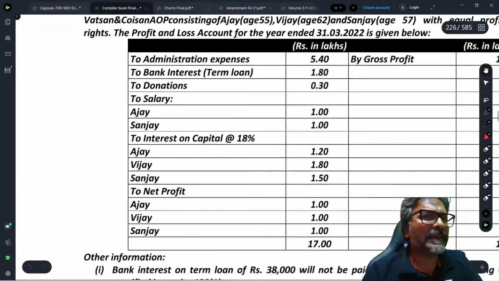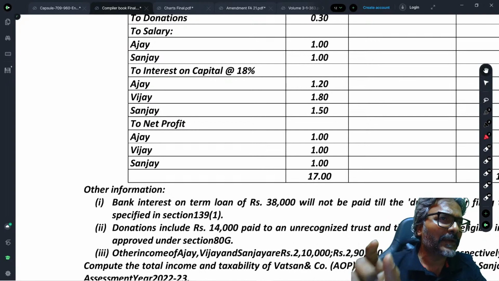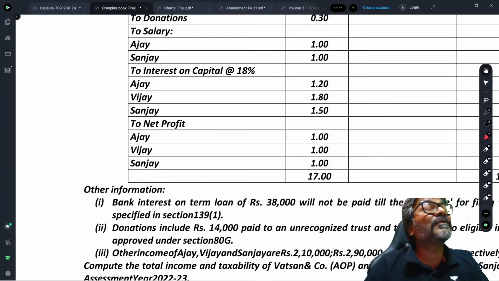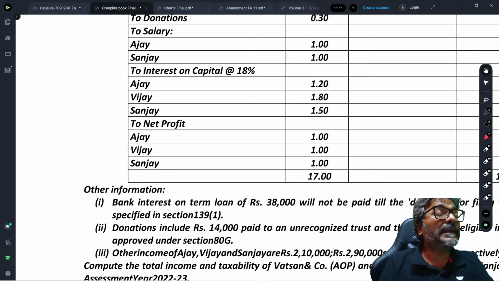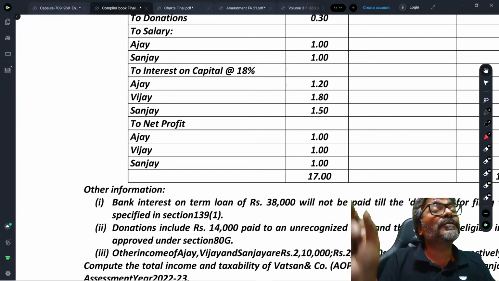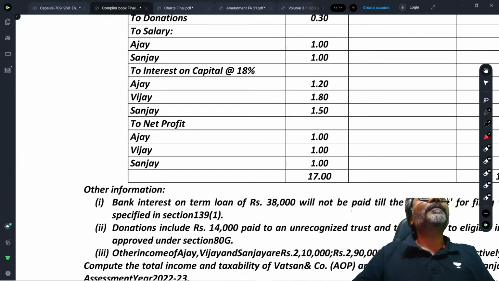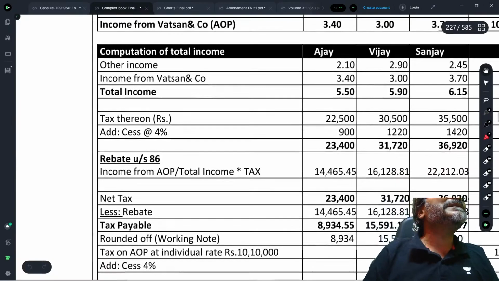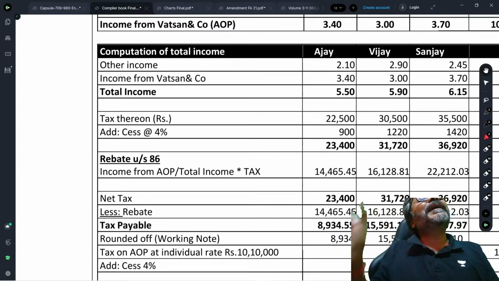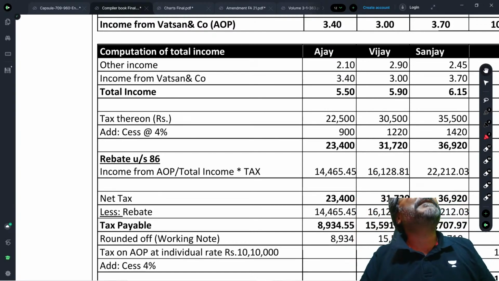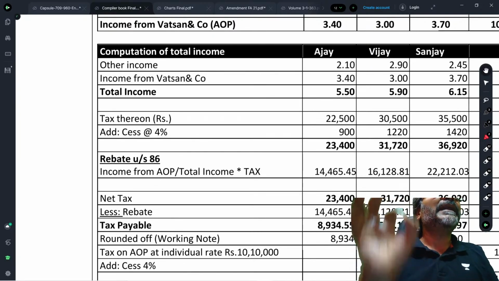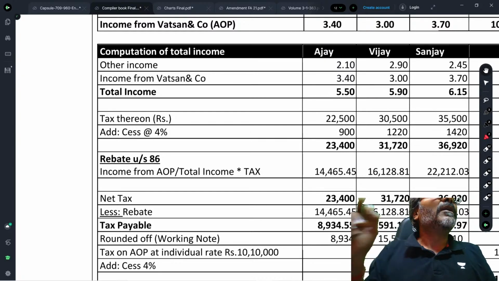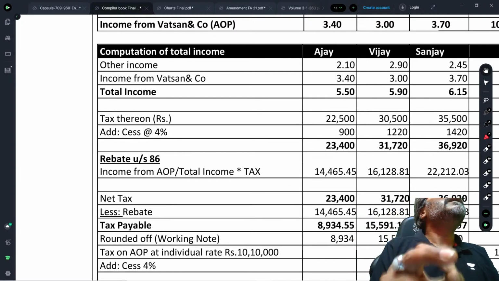If in the case of a person of Indian origin or a citizen of India who comes for a visit in India, and his stay is for a period of 120 days or above in the current previous year, and his total income excluding the income from foreign source is more than rupees 15 lakhs, and his stay in the last 4 preceding previous years should be minimum 365 days or above, then will such person of Indian origin or Indian citizen who comes to India for visit purpose be considered to be a resident?